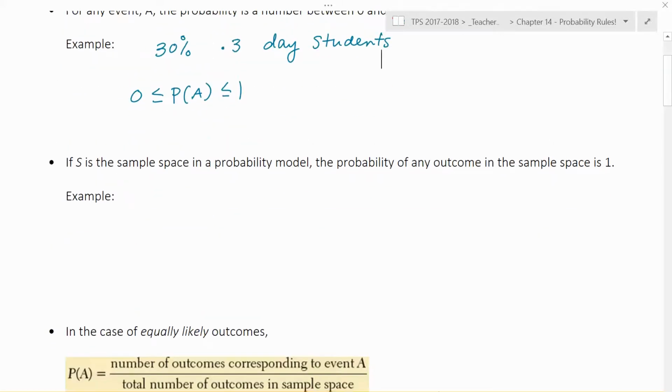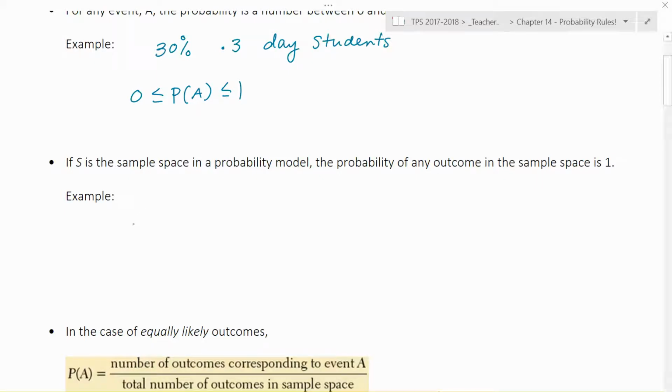Another rule is that the sample space has to have a probability equal to 1. If we include all possibilities in our description of an event, then the probability of any of those things happening has to add up to 1.